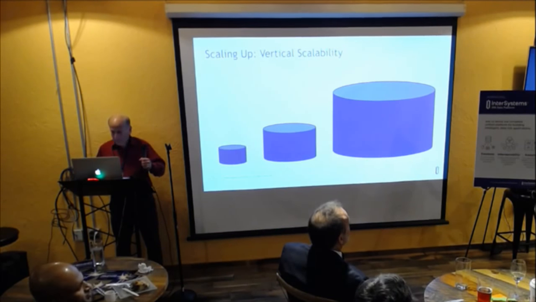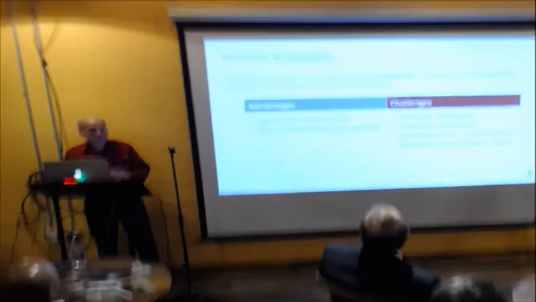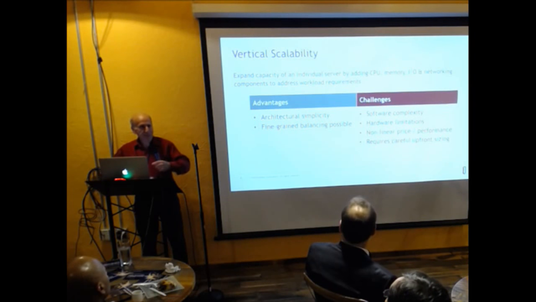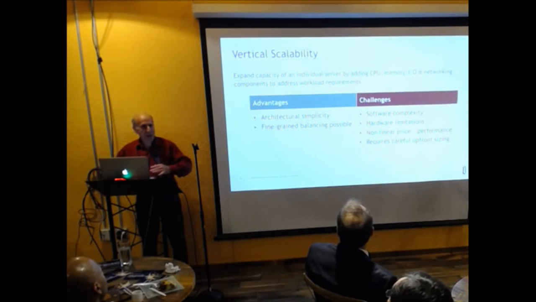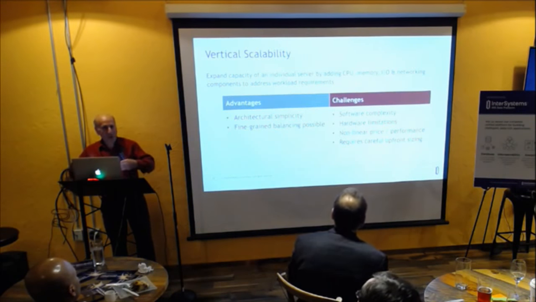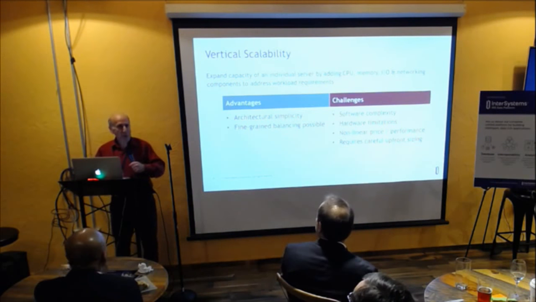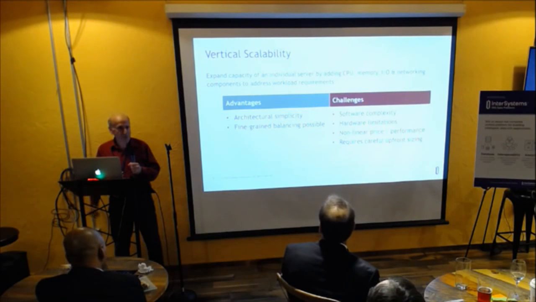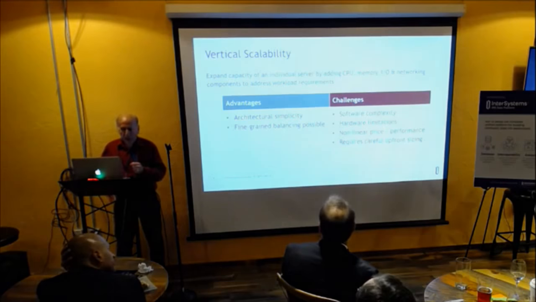So you can add memory, CPU, disk, networking capability, a number of components to increase the power of a server, either add these over time to beef up its power, or plan it in advance and pick this size and scale of the server that you're going to need for your requirements.